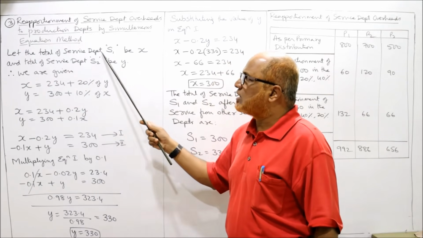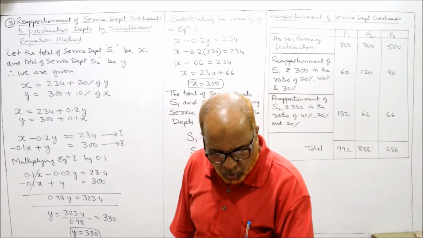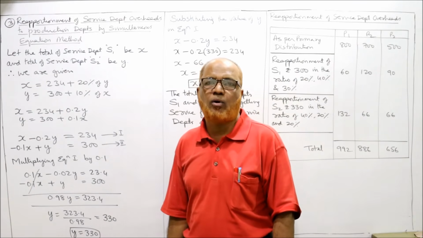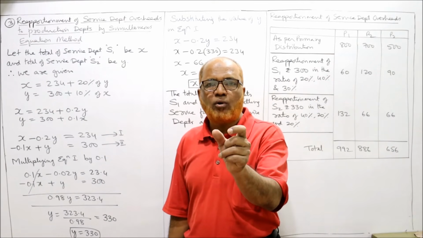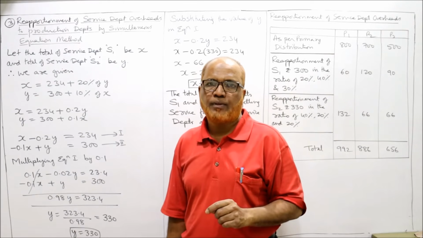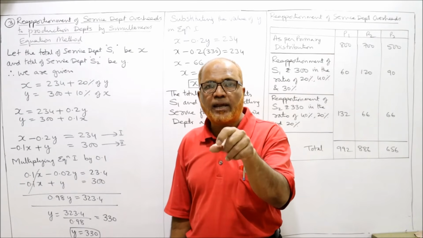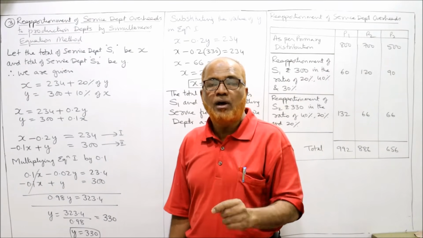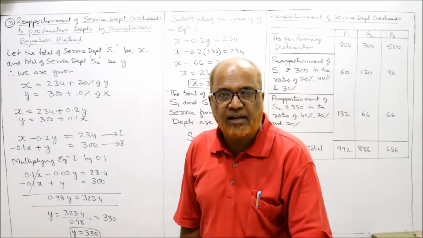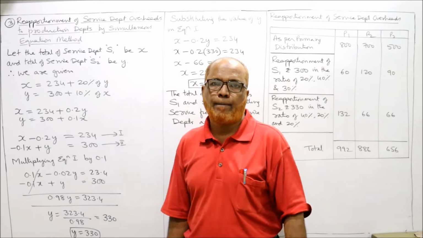Let the total of service department S1 be X. Actually, it is given in the problem that the total of service department S1 is 234. But this 234 is before getting the service from S2. The S1 total of 234 is before getting the service from S2, and the S2 total of 300 given in the problem is before getting the service from S1.